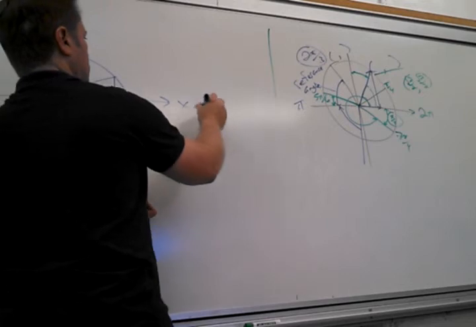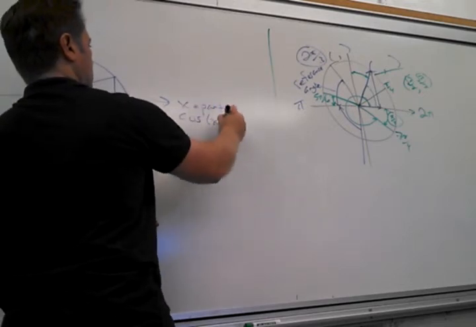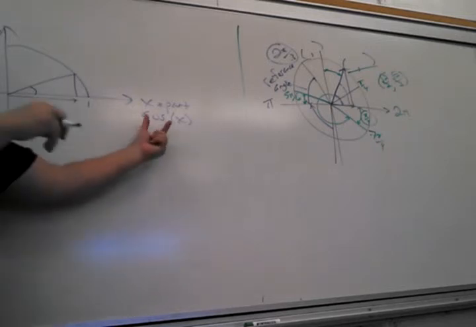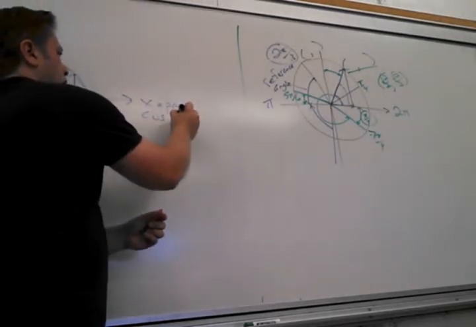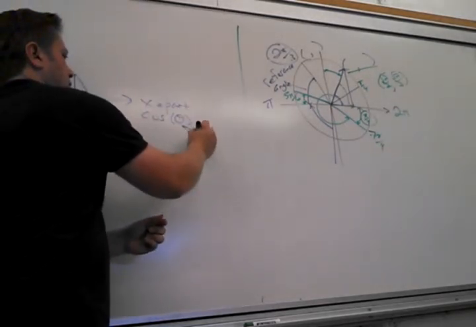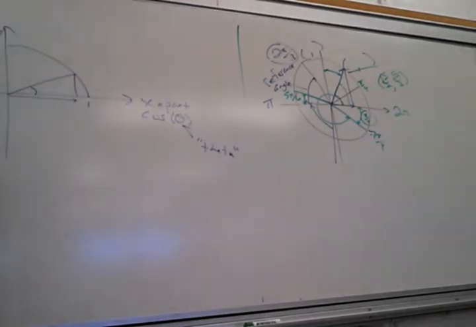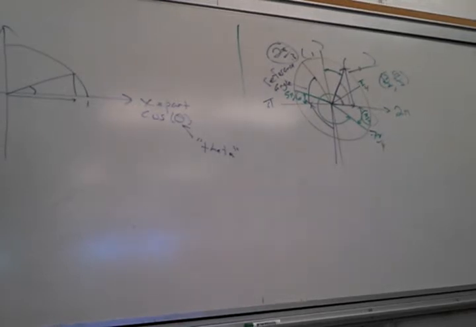Let me say it one more time. The angle variable that we use most of the time is called theta, the Greek letter theta. That's the variable that's normally used for angles.